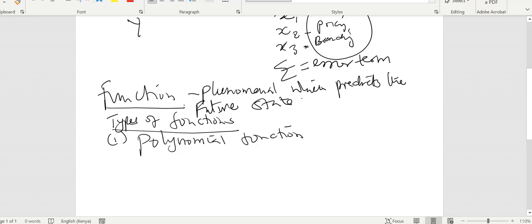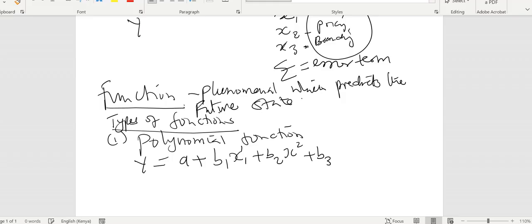So a polynomial function looks like this, where y is equal to, for example, a plus b1 x1, with power 1, plus b2 x2 squared, b3 x3 to the power 3, like that.